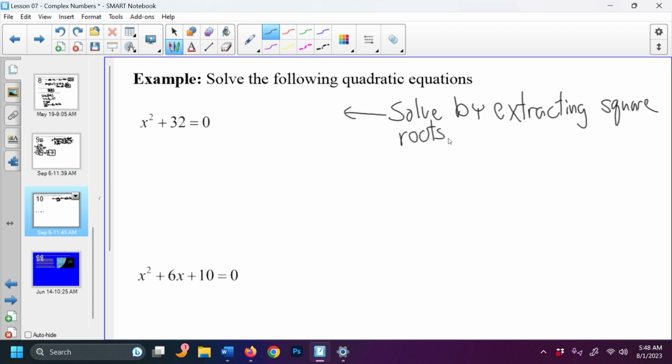And we will subtract 32 from both sides. So when I subtract 32 from both sides, I have x squared is equal to negative 32. And so here we will take the square root of both sides.